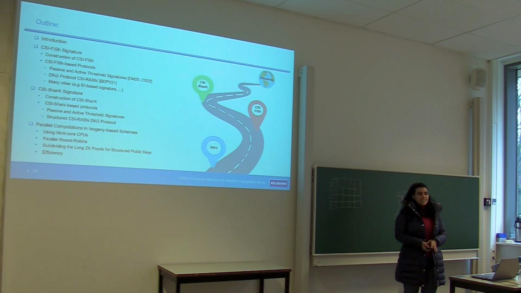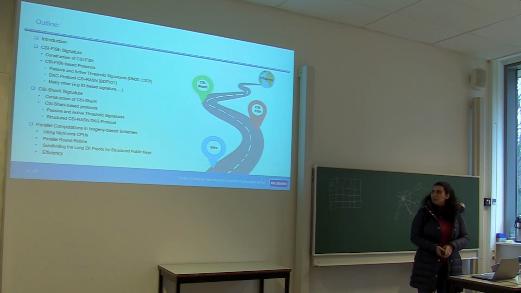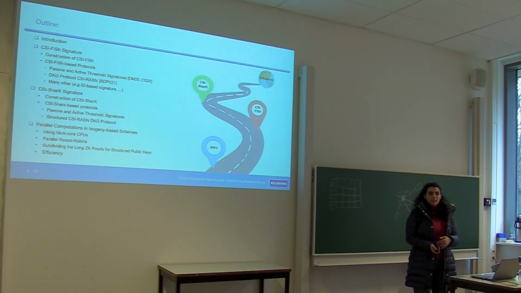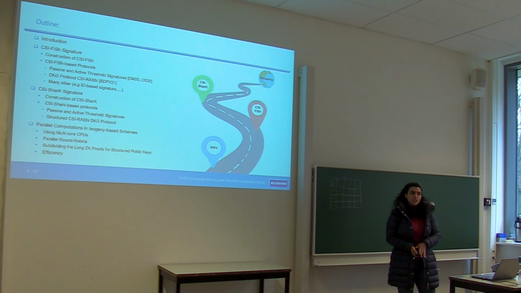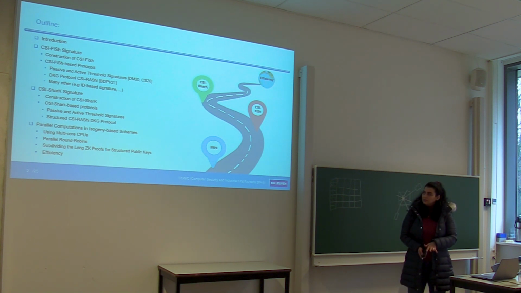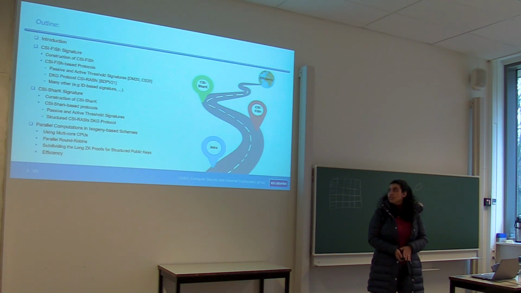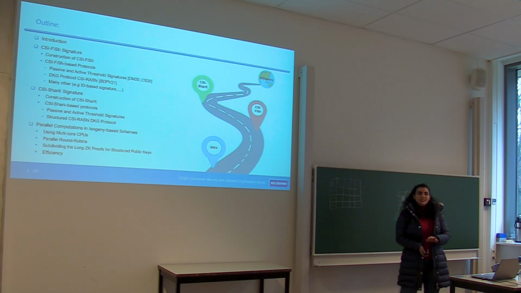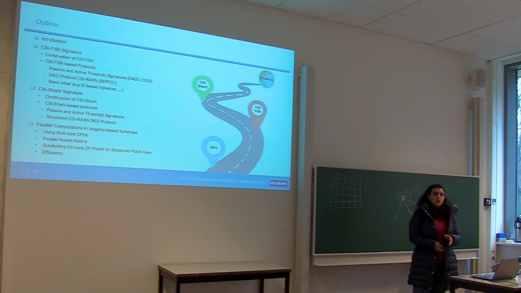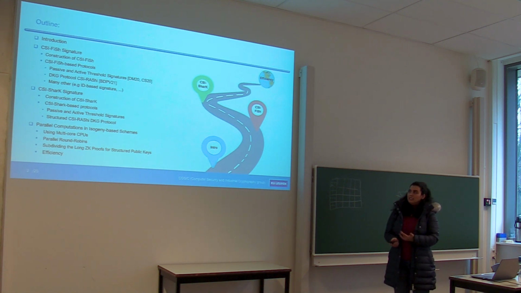This presentation will be divided into 4 main sections. First I will start with some introduction, then I will talk about CSI-FiSh signature and the protocols based on that, and then I will move to our construction, the C-SharK signature, and we'll talk about the revisited threshold protocols which we see in CSI-FiSh.